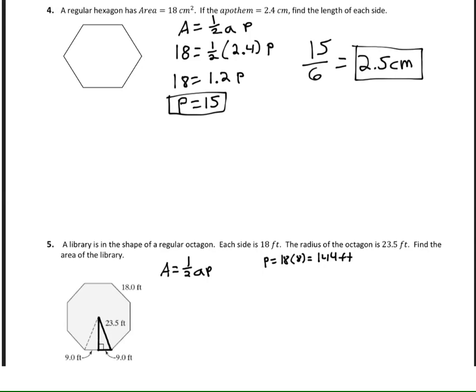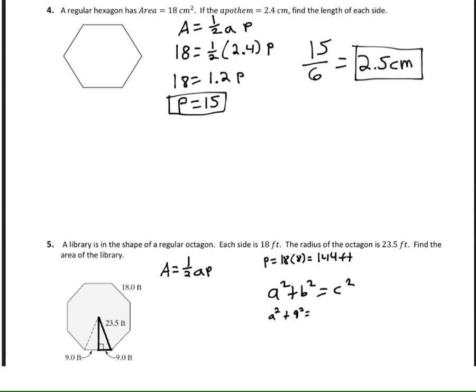I'm going to do a squared plus b squared is equal to c squared. I'm going to leave the a as the apothem. My other side is going to be 9.